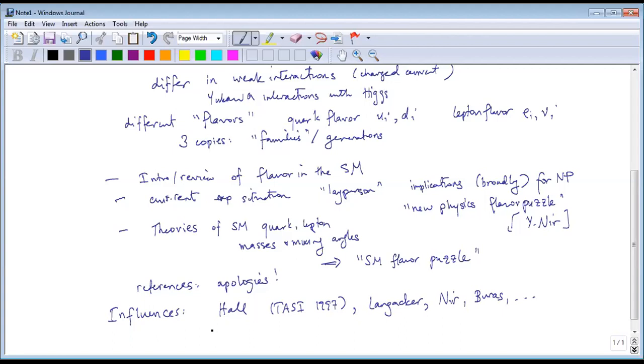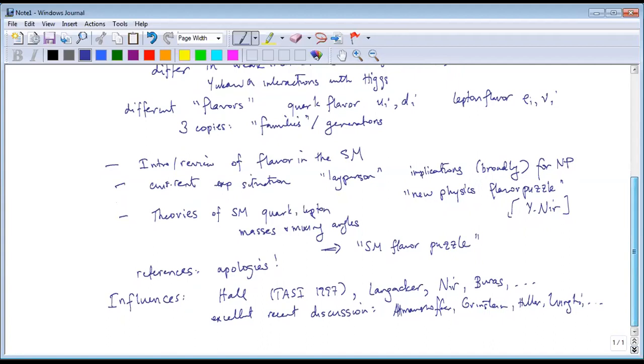There are also very excellent recent discussions from last summer, again at the summer school level, from the SLAC Summer Institute, including Altmannshofer, Hopper, Grinstein, Miller, Lüke, and many others who really are expert practitioners, particularly in the implications for new physics and the tests of the standard model. They're absolutely the place to go for more details. Okay, let's see how far we get.